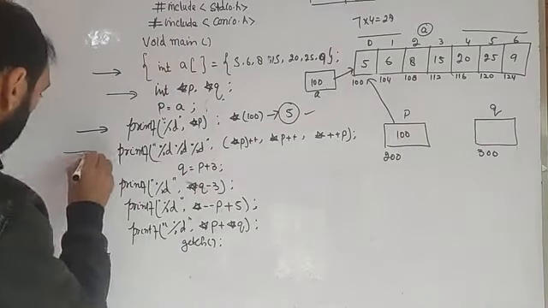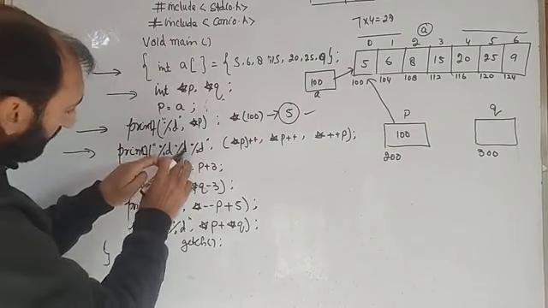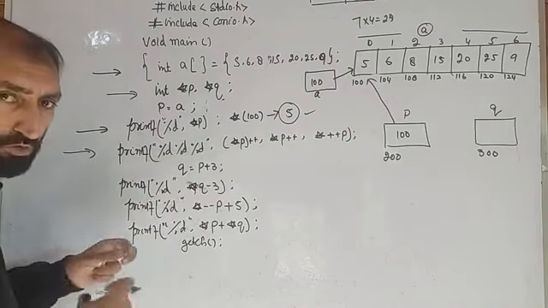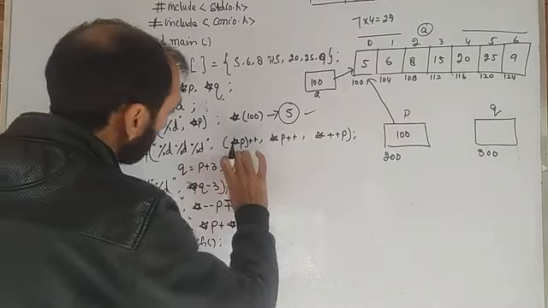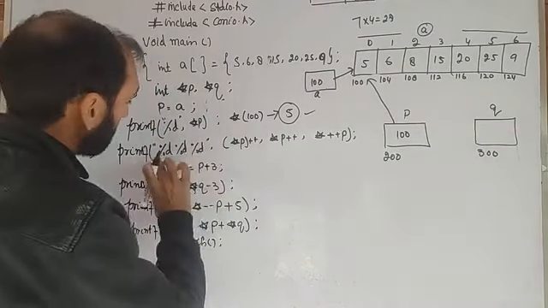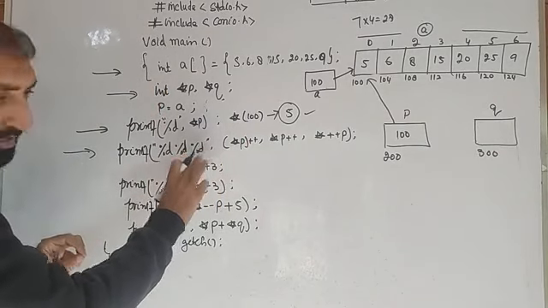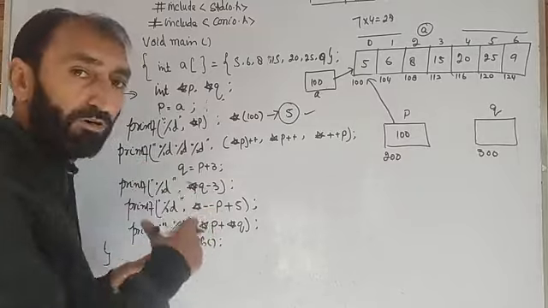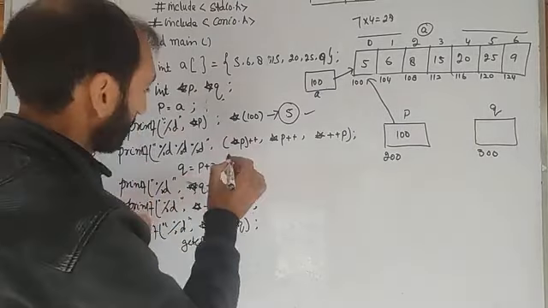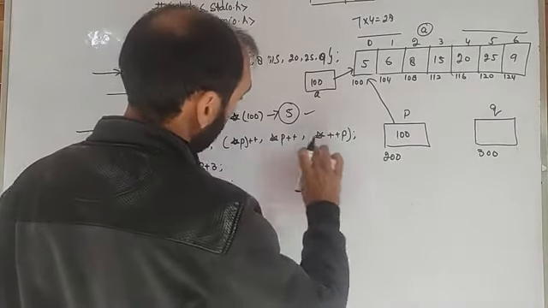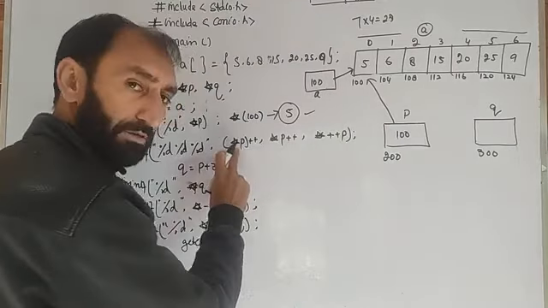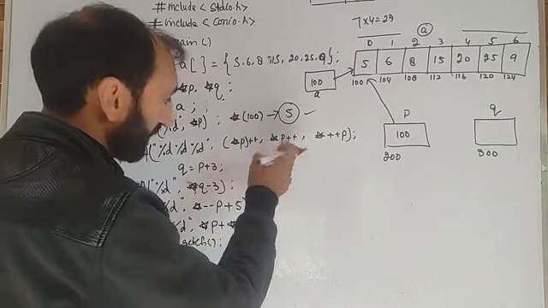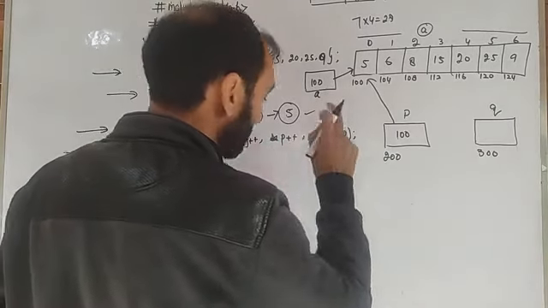Next instruction. Printf %d %d %d. Here I am going to display three different integer values. We know that %d is the format specifier for integers. So here: asterisk p, then ++ asterisk p, then ++ asterisk ++p.